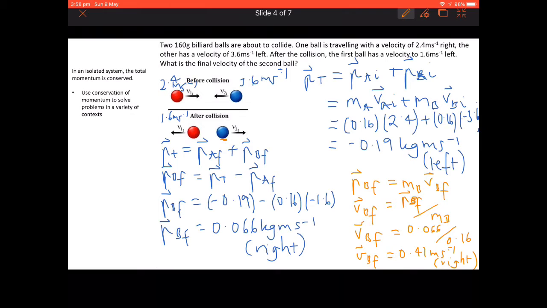So this ball here is travelling to the right at 0.41 meters per second.